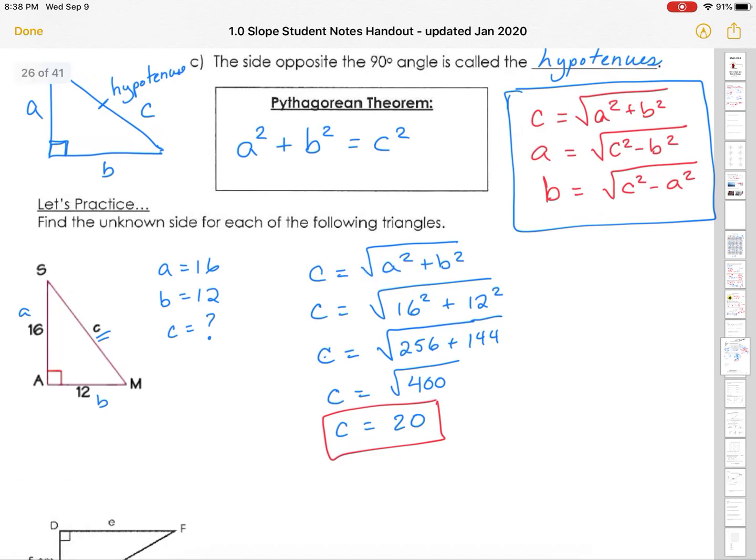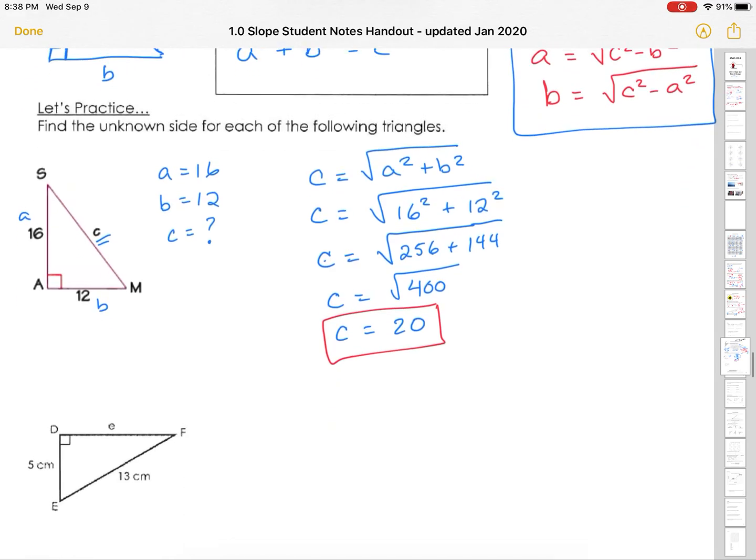Okay, so let's try another one using those rearranged formulas. Here, I know the hypotenuse, it's c, but I'm looking for a or b, so I can call this one a and this one b. Doesn't matter. I'll tell you right now, a or b, you can switch those, and it's still going to give you the same answer.